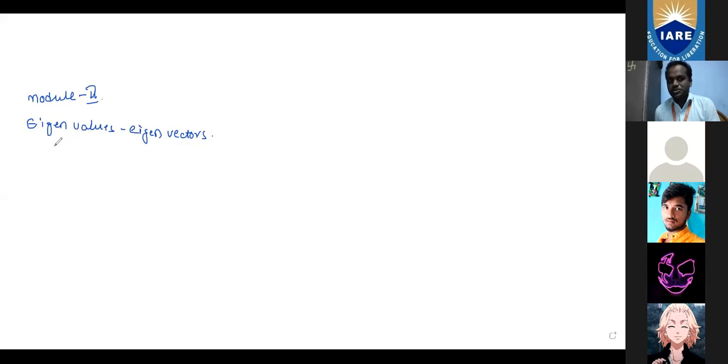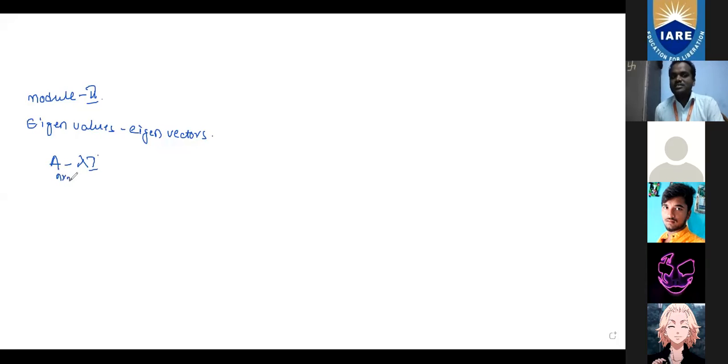So for any square matrix we can first find the eigenvalues. How we can find the eigenvalues: if a matrix is given as A, then A minus lambda I is a characteristic polynomial. Here A is a given square matrix, and I is the unit matrix of the same order.